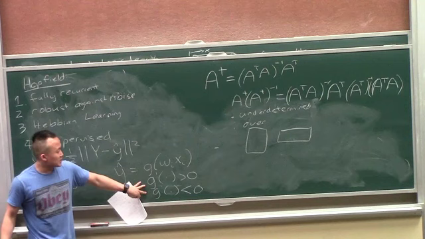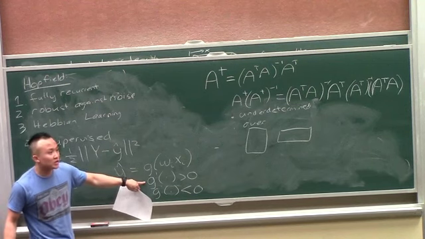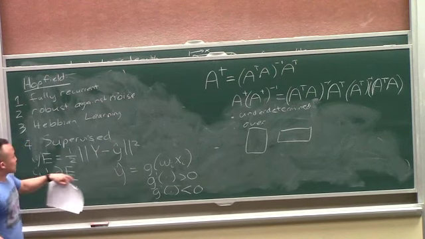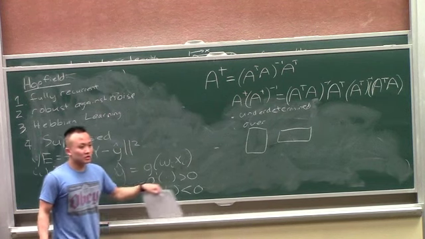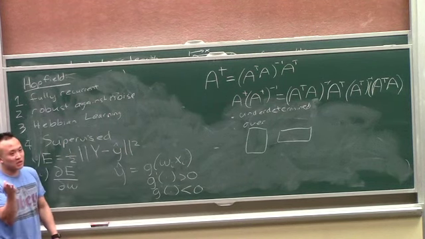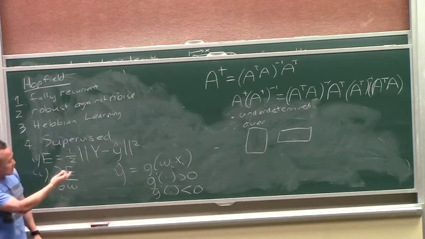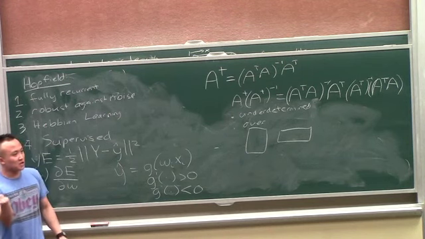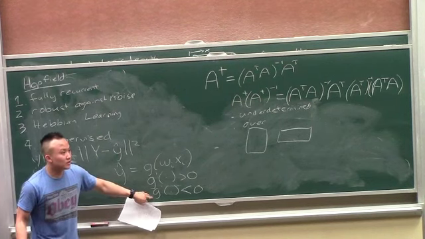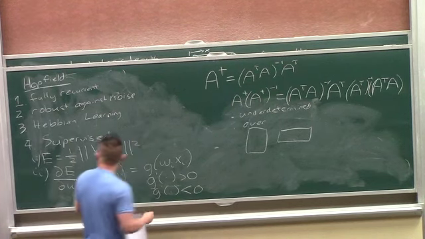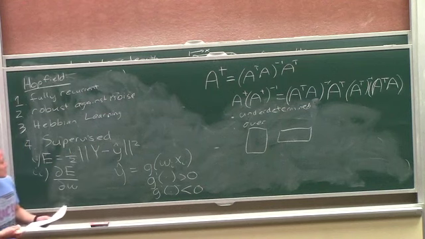If g prime is strictly greater than 0, the function is always increasing. If you take the derivative of this function, it's always positive, so the slope is always pointing up. Vice versa for a negative. That was on the second term.